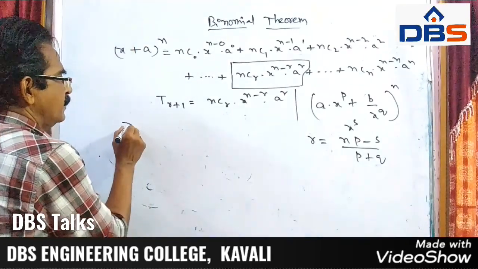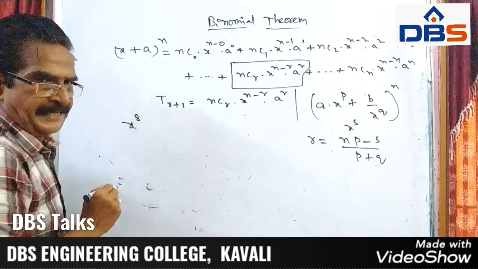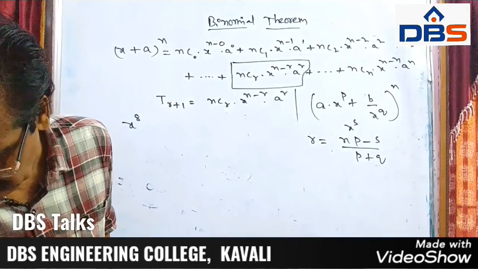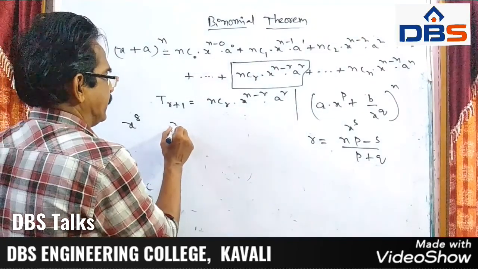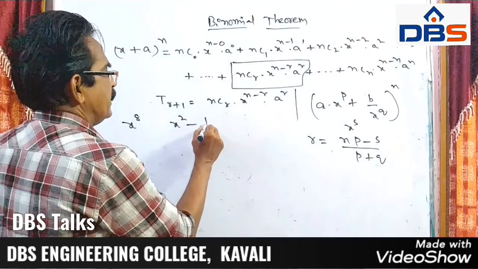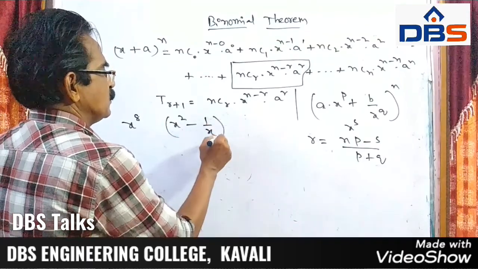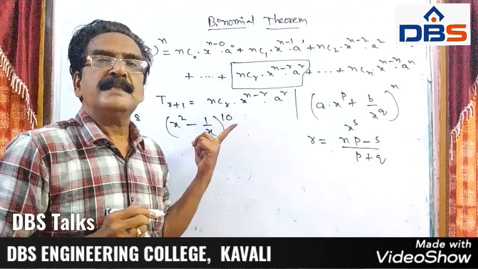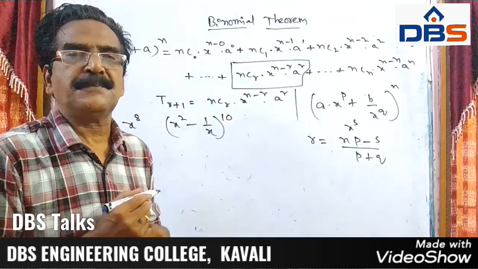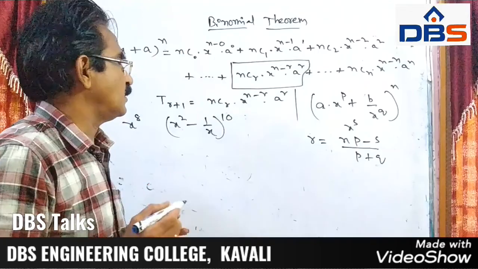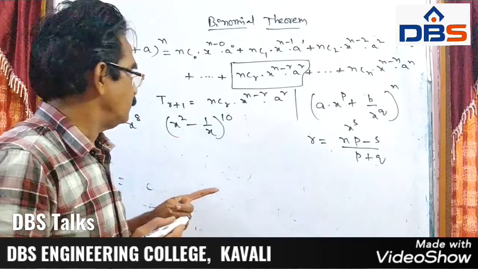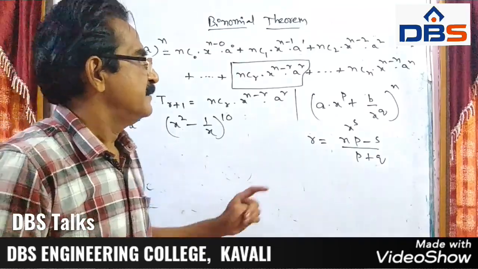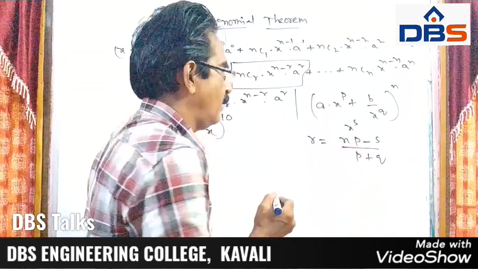Coefficient of x power 8 in the expansion of x square minus 1 by x whole power 10. In this expansion, we want the term which contains x power 8. Okay friends. First let us find r.